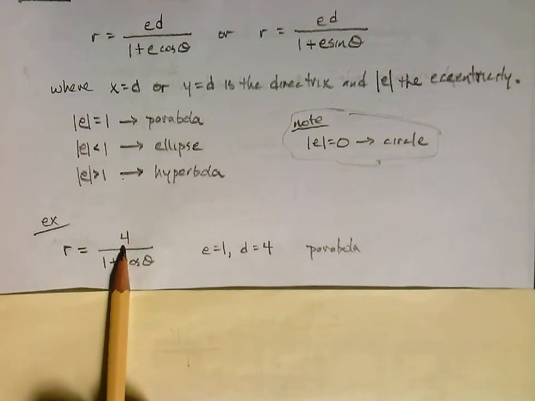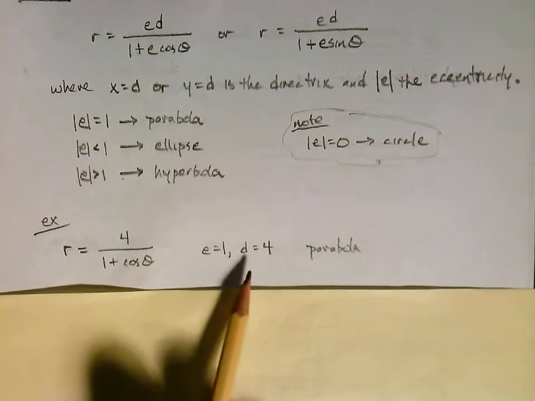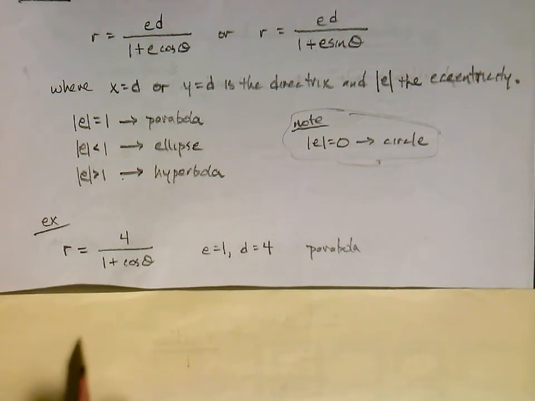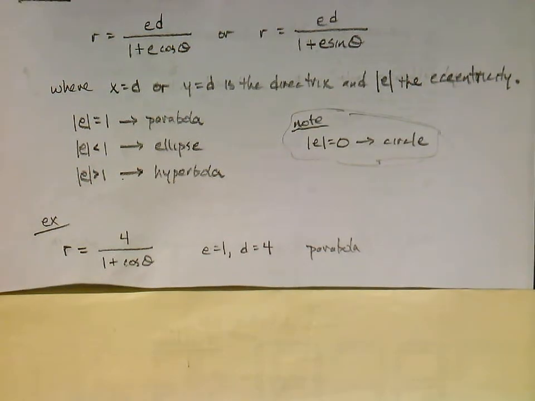Then look to your numerator. If e equals 1, and I've got a 4 there, then what is d? Well, 4 has got to be 1 times 4, so d would have to be 4, and that would all fit. Then identify which type of conic we're talking about. You do that based on the eccentricity. It's a parabola.